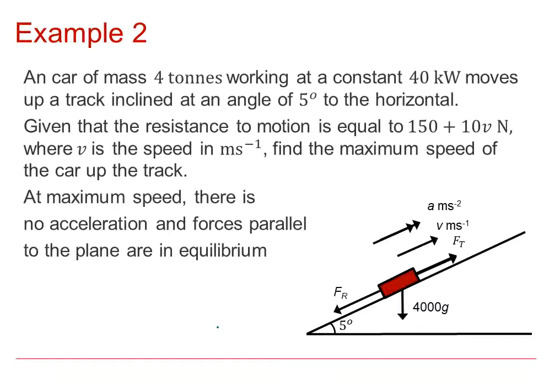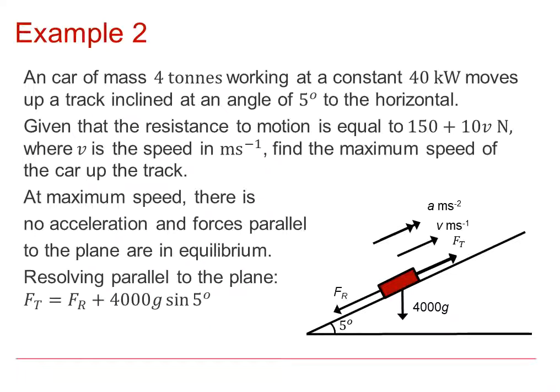So the thing to remember, at maximum speed there's no acceleration and the forces parallel to the plane must be in equilibrium. So that tells me that the tractive force Ft can be written as Fr plus 4000 g sine 5.